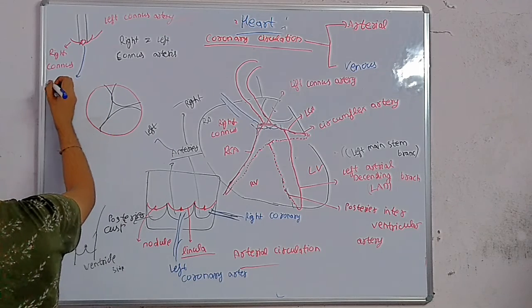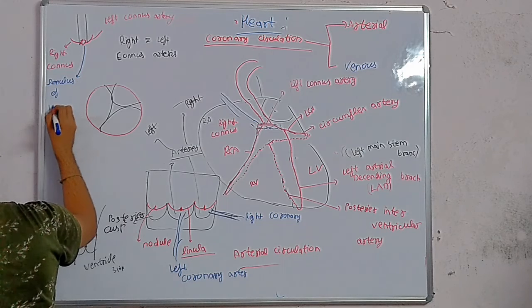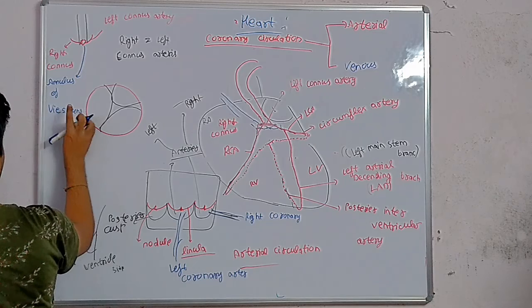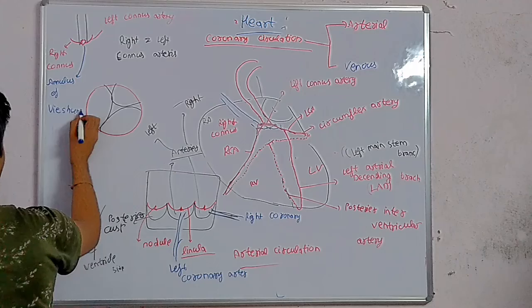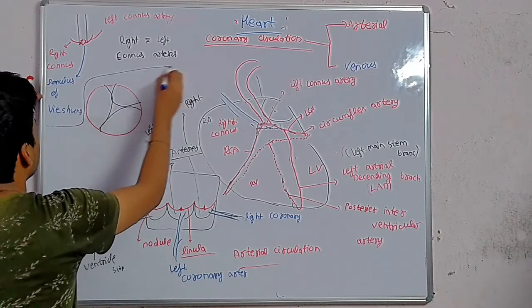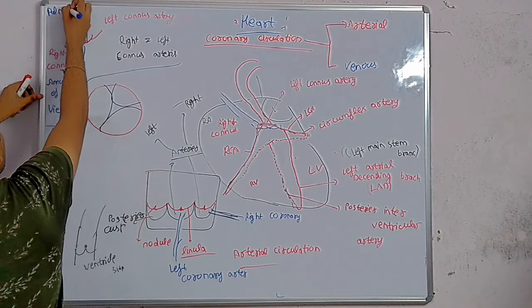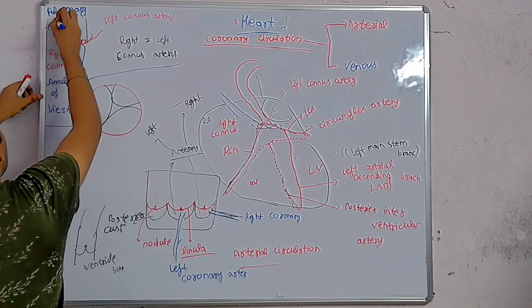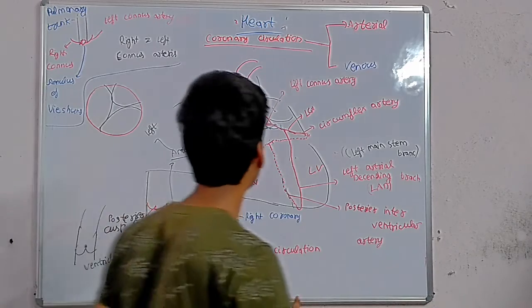This ring is called the annulus of Vieussens, just a name of the ring. This is the diagram. This is the pulmonary trunk.